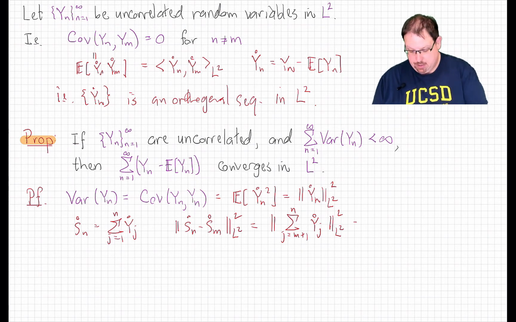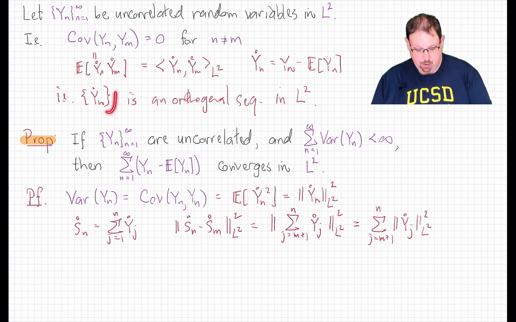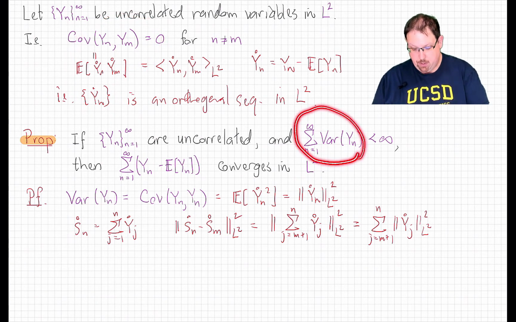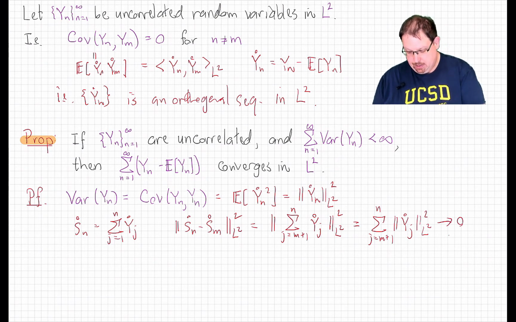and by Pythagoras' theorem, that is equal to the sum, j going from m plus 1 up to n, of the L2 norm of yj centered L2 squared, thanks to the orthogonality assumption. And therefore, by the assumption that the sum of squares of all of them is finite, as n and m both go to infinity, this sum of squares tends to 0.